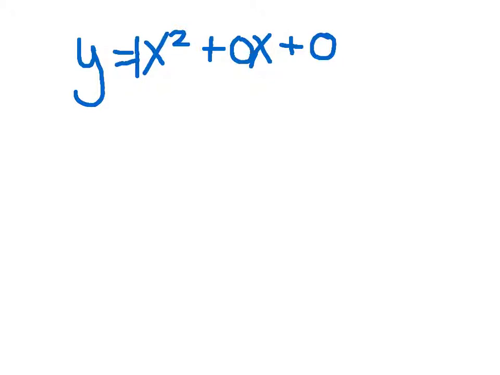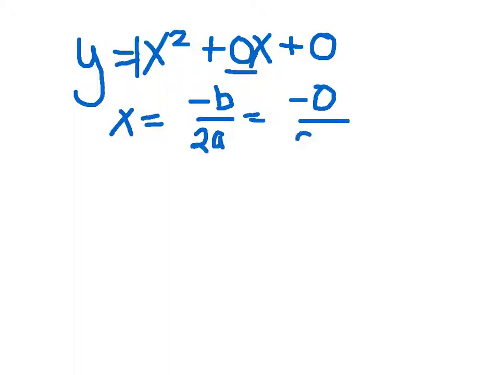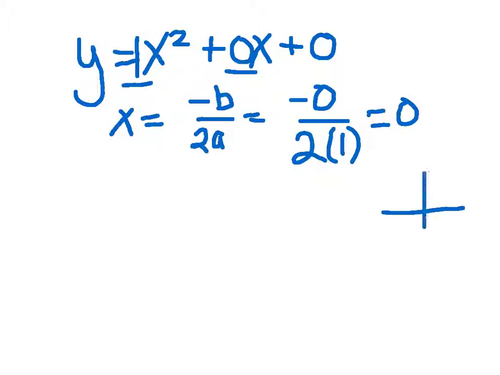Okay, let's find our vertex. So the x value of the line of symmetry is negative b over 2a. b is this 0, so minus 0 over 2 times a is 1, and that just equals 0. So the line of symmetry of this equation is on this axis.